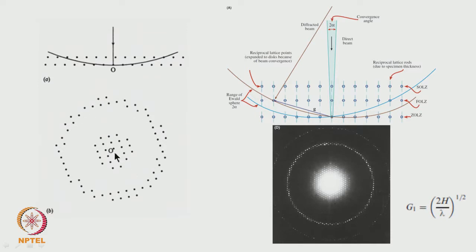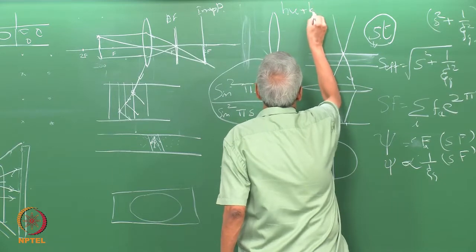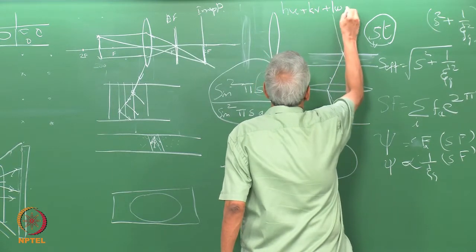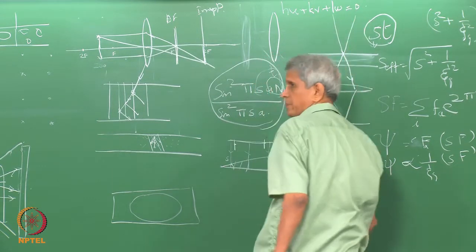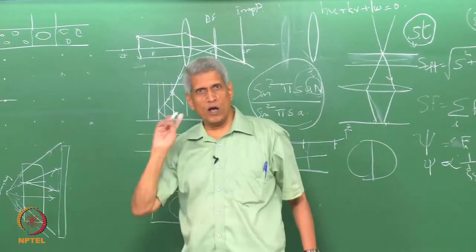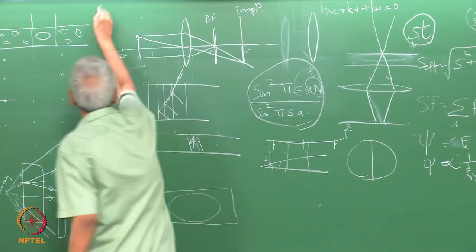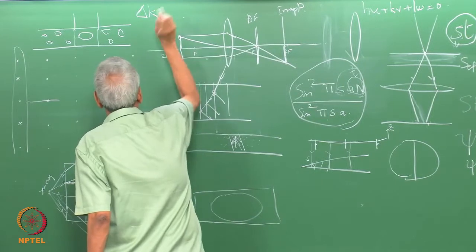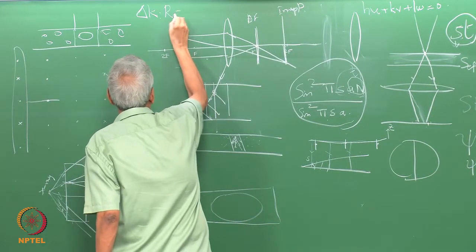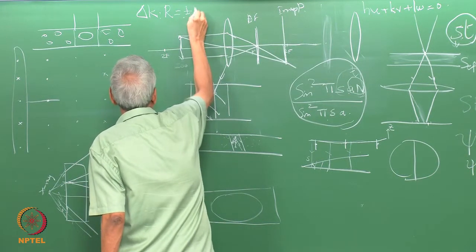So, this is the zeroth. The one which corresponds to these spots corresponds to the zeroth order Laue zone, for which we write hu plus kv plus lw equals 0. Okay. This is also nothing but what we wrote when we started the class itself, equals plus or minus n.